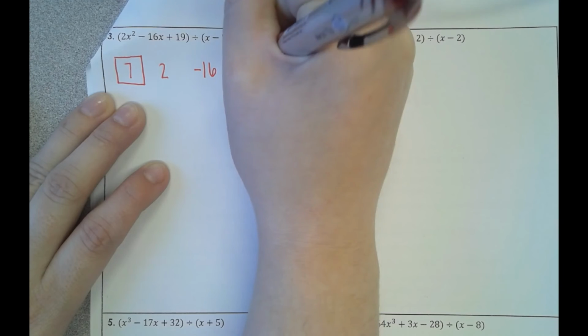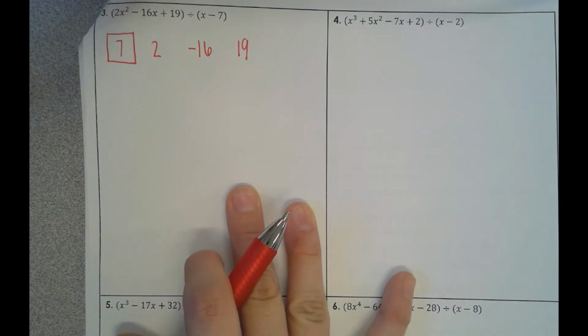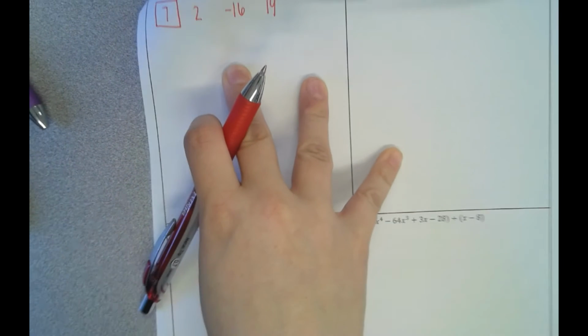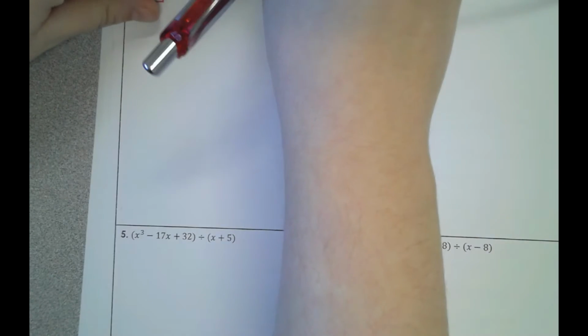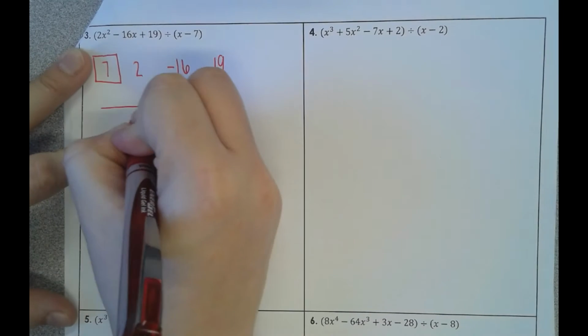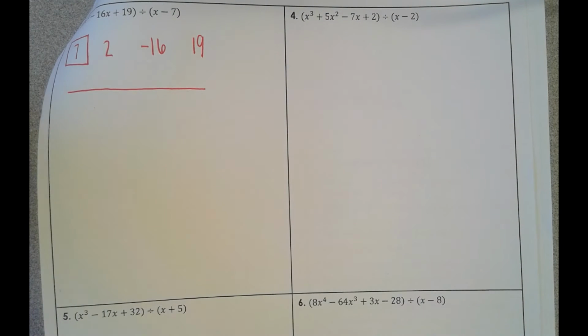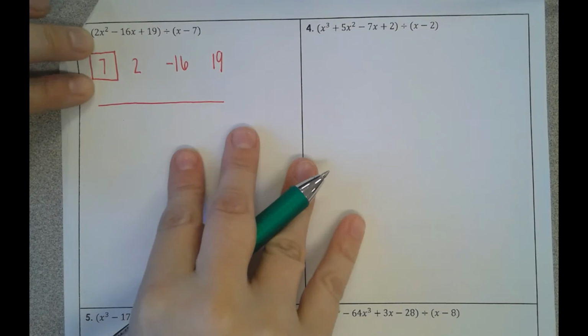Good. 2, negative 16, and 19. All right, then we draw my line. All right, bring down the first number.